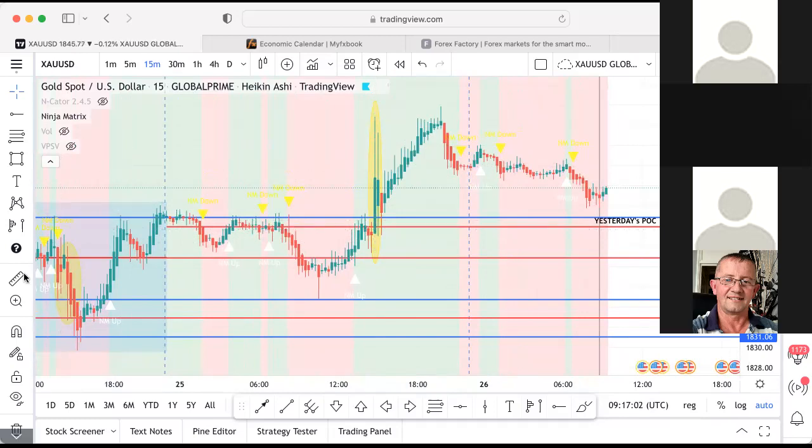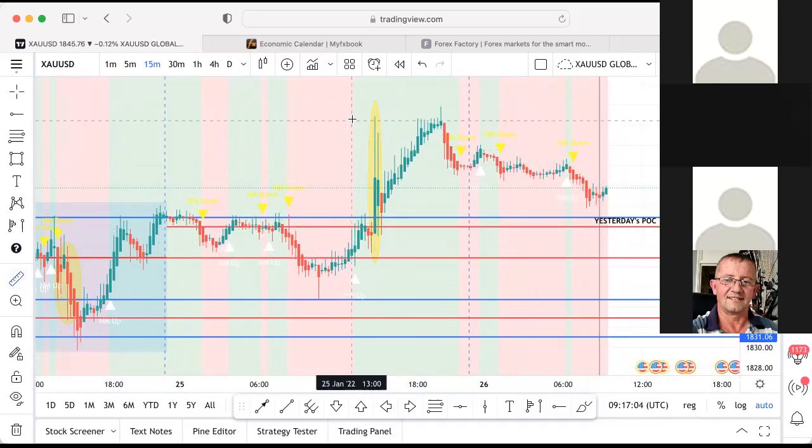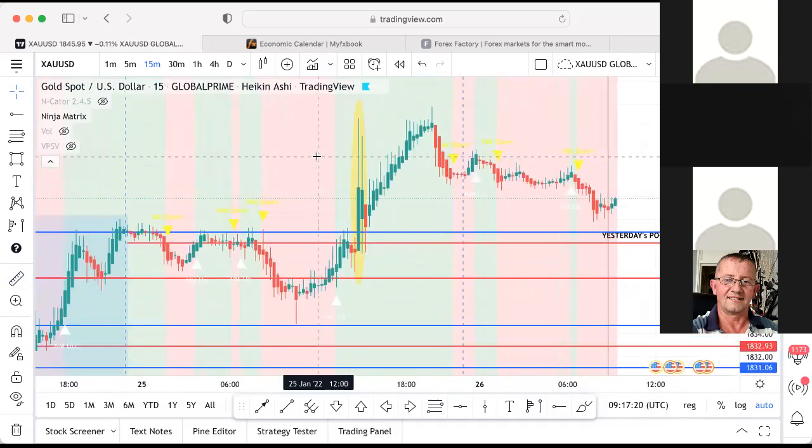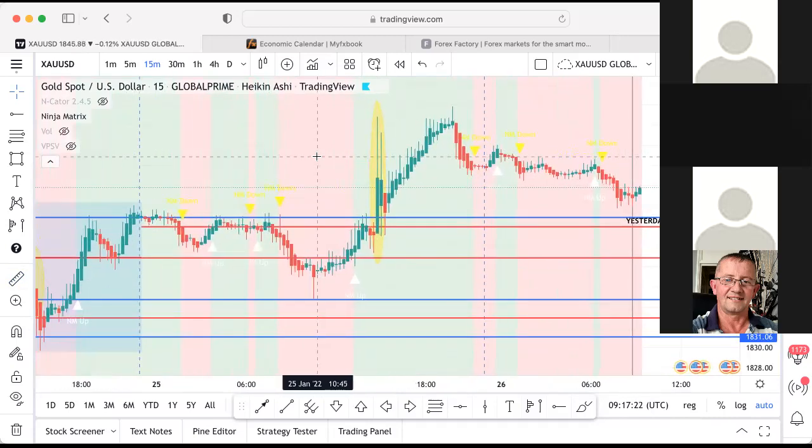That was because I'd taken that measurement from the top there to the bottom of that green candle. That was 114 pips in one 15-minute candle. And I was so impressed with that, I simply posted that over 100 pips in one 15-minute candle.